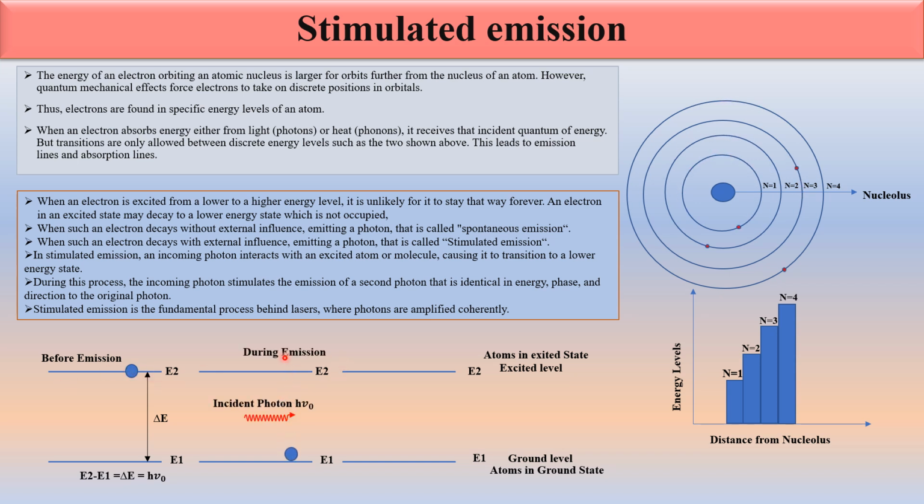During emission, the electron in the excited state interacts with the incident photon, and then after emission the incident photon generates another photon which has similar energy, phase, and direction. So this is stimulated emission, and this is very important in the amplification process.